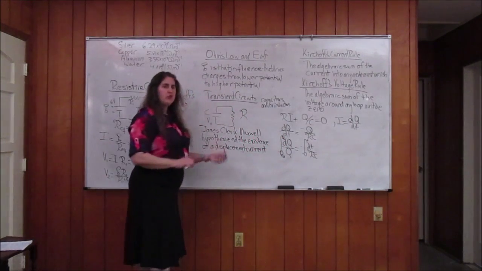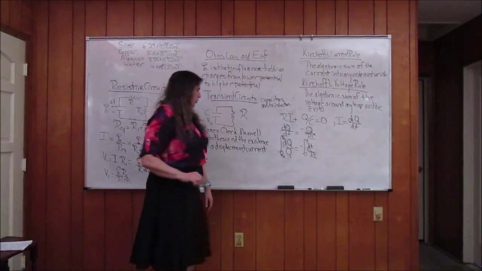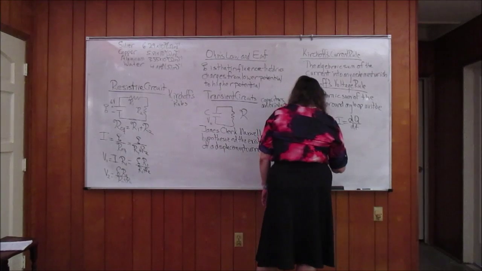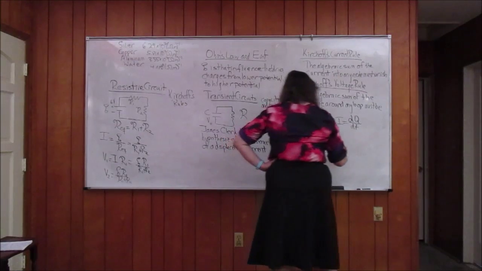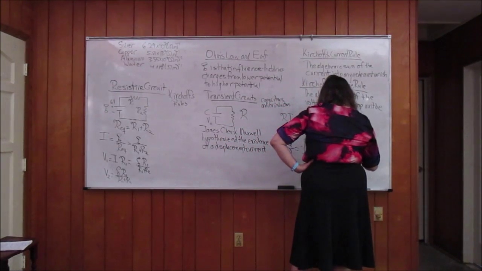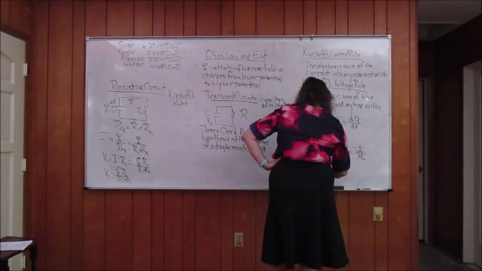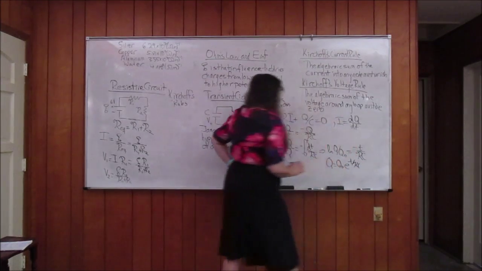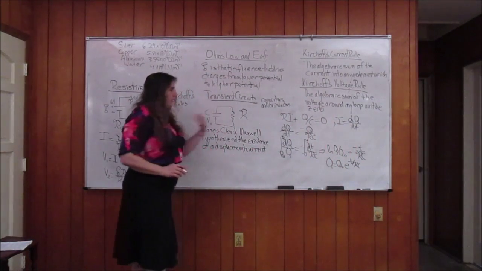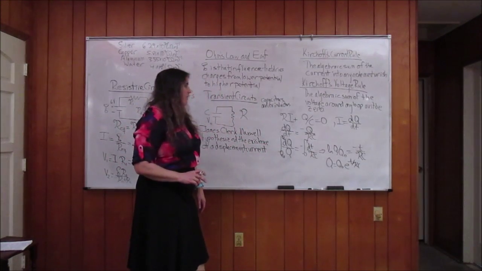we start with some initial amount of charge Q naught on the capacitor, and at some future point, you're only going to have charge Q. So this becomes, and as you can see, as time goes to infinity, the amount of charge goes to 0 on the capacitor.